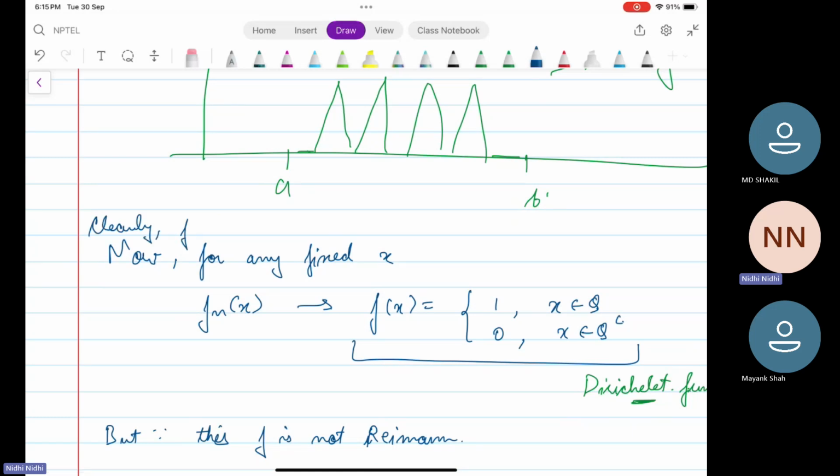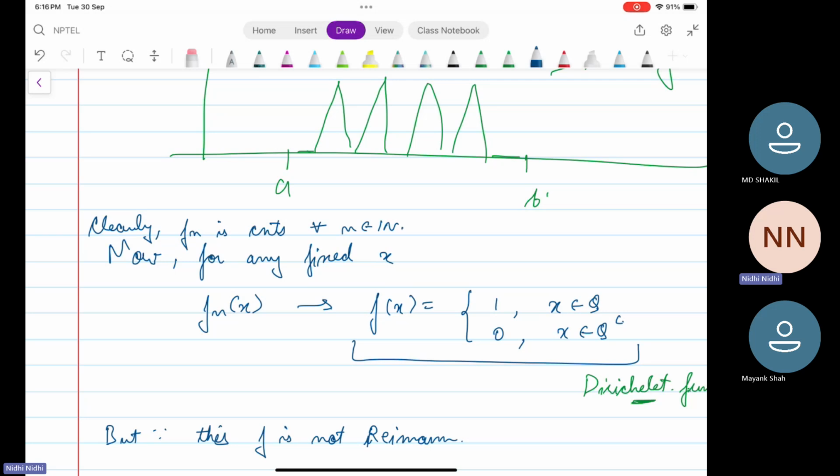Clearly, fn is continuous for every n in N. Hence, we got a sequence of continuous, Riemann integrable functions whose pointwise limit is not Riemann integrable. Therefore, it is not necessary that if we have a sequence of functions converging pointwise, even though each of the elements is integrable, the pointwise limit will be integrable as well.